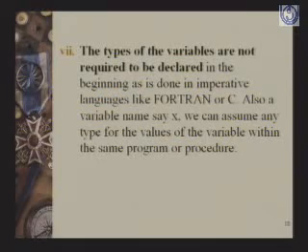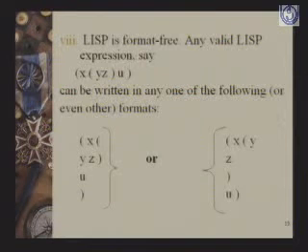So we have seen that. Now on the next slide, we would like to know what the types of variables are. In Fortran and C, you know, real, natural, integers, etc. are there. However, in the language Lisp, we don't have any declared type of variables.